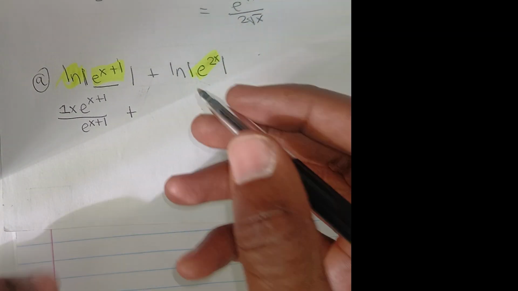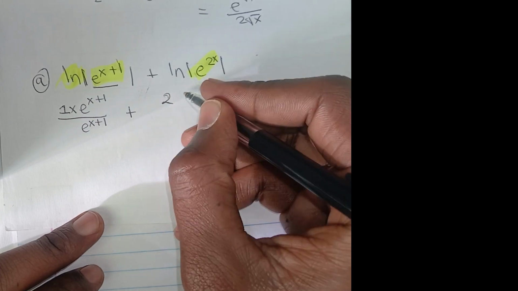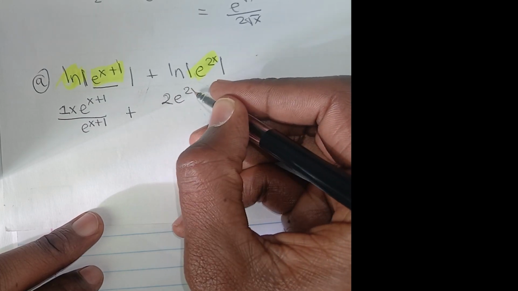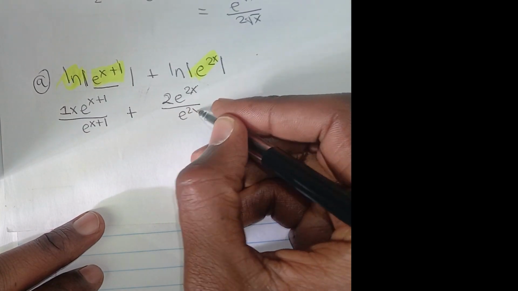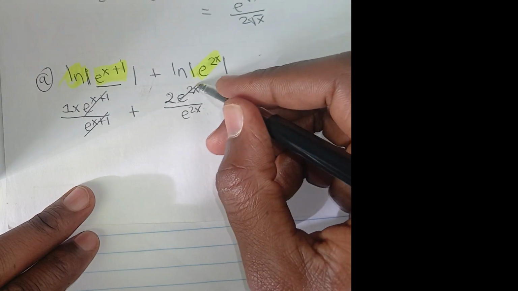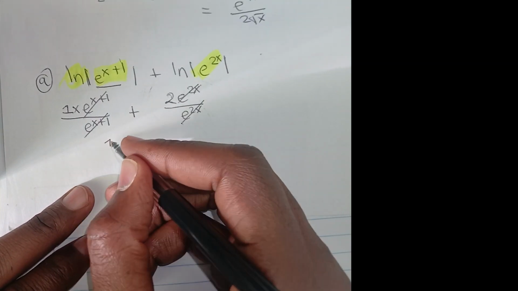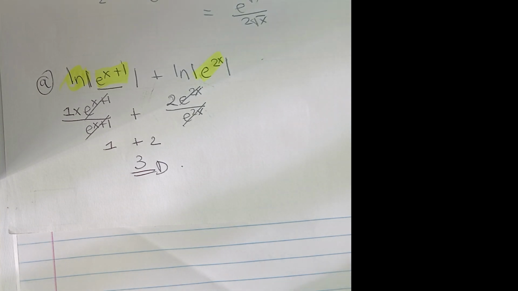Make it the numerator. It's just going to be 2 e to the x, then divide by, then we just take this one, right? Then from there we cancel here, these are the same. Then from there we'll be left with 1 plus 2, which is 3. That's how easy it is.